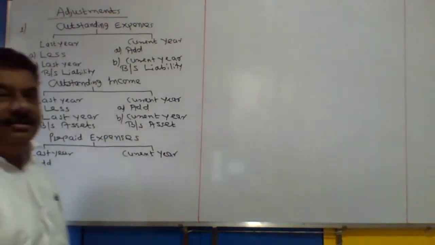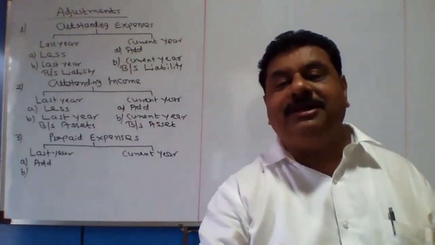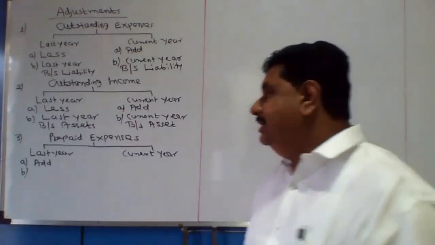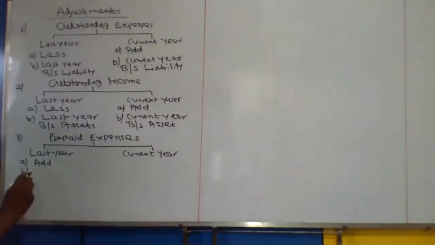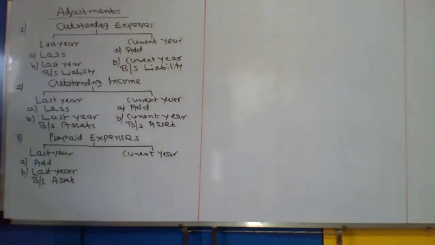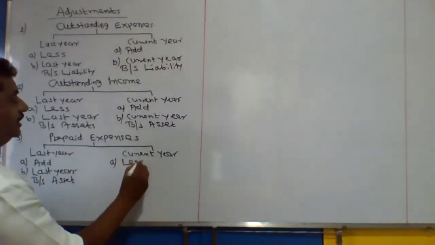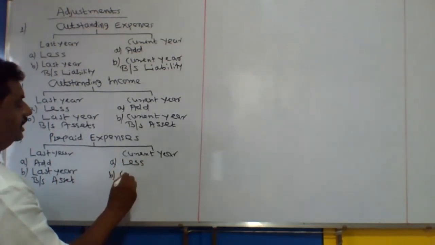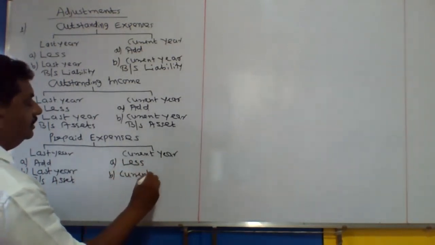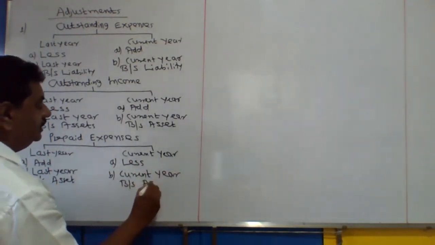Why? We had reduced last year's prepaid in the last year, so in the current year it will be added, because that is related with the current year. So add. And last year balance sheet asset. While current year less, for example, insurance prepaid less, and current year balance sheet asset.